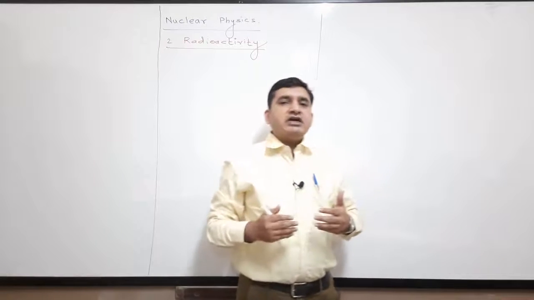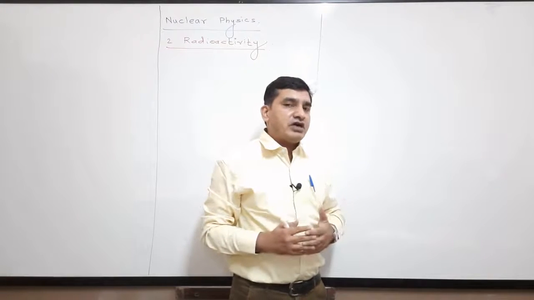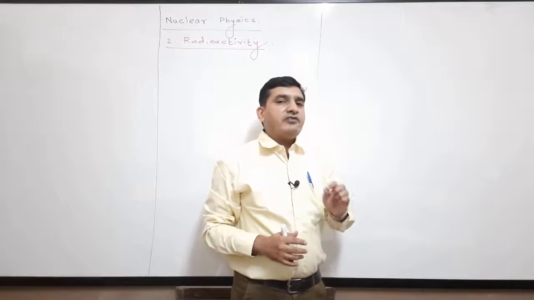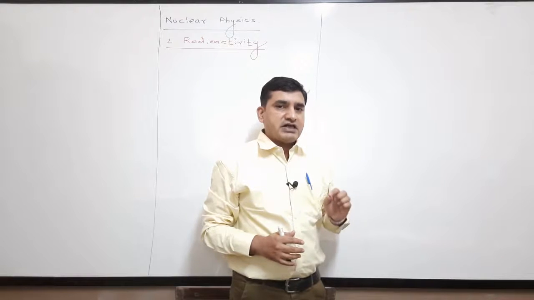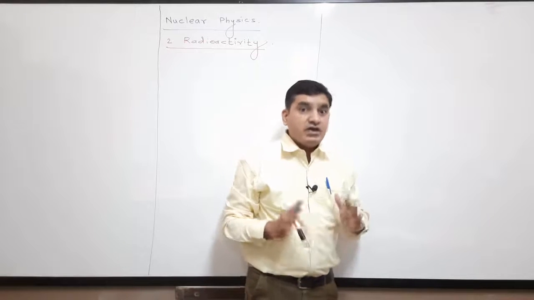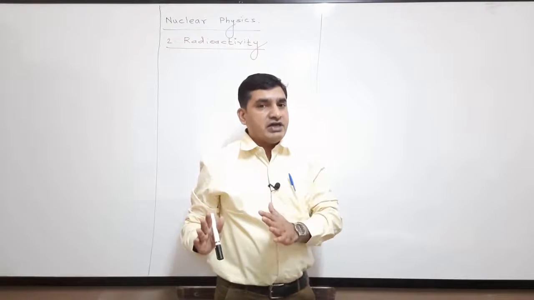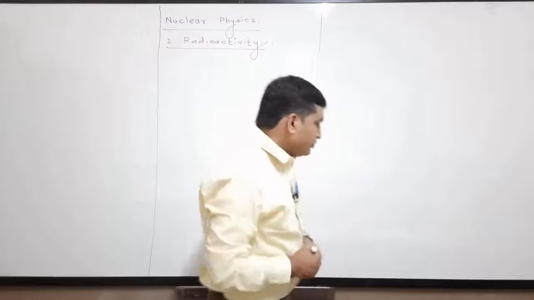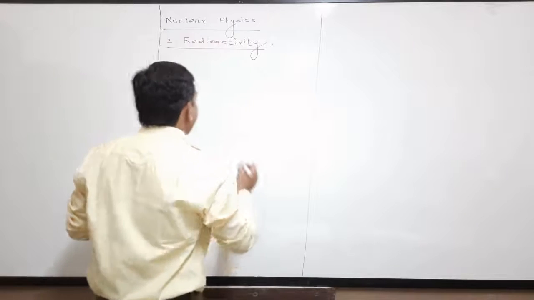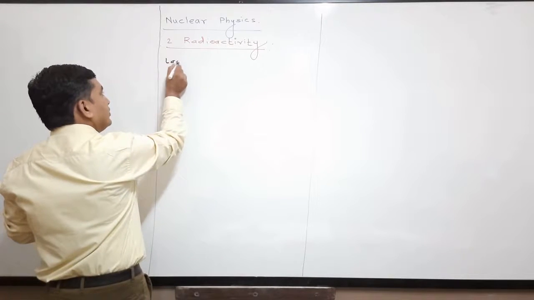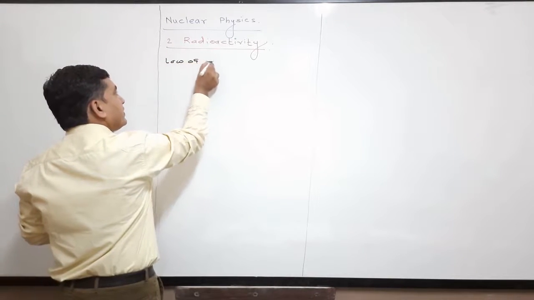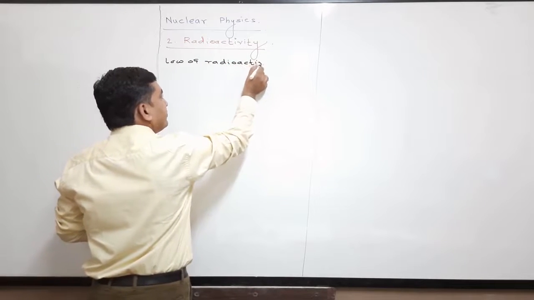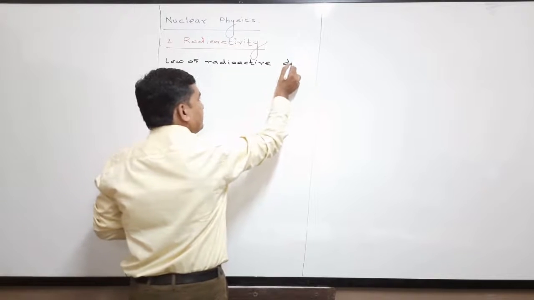So, there is a disintegration of a radioactive element, and the rate of disintegration is always equal to the number of radioactive nuclei present at that instant. Law of radioactive decay.